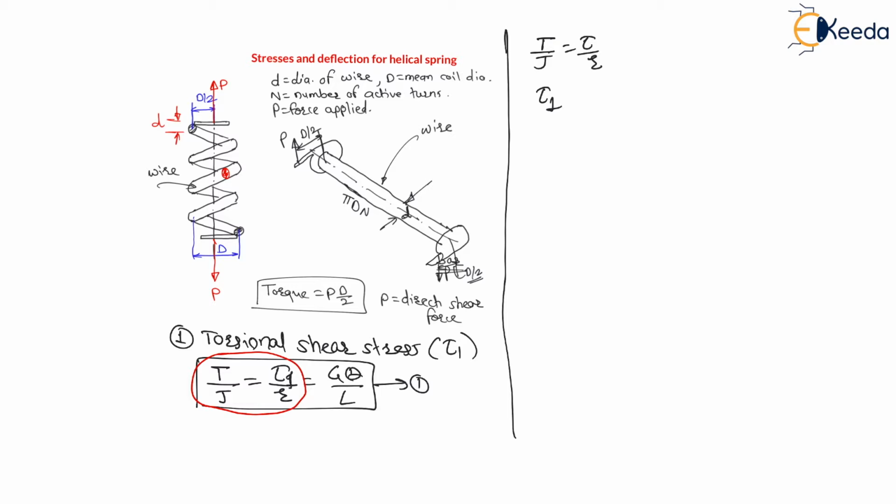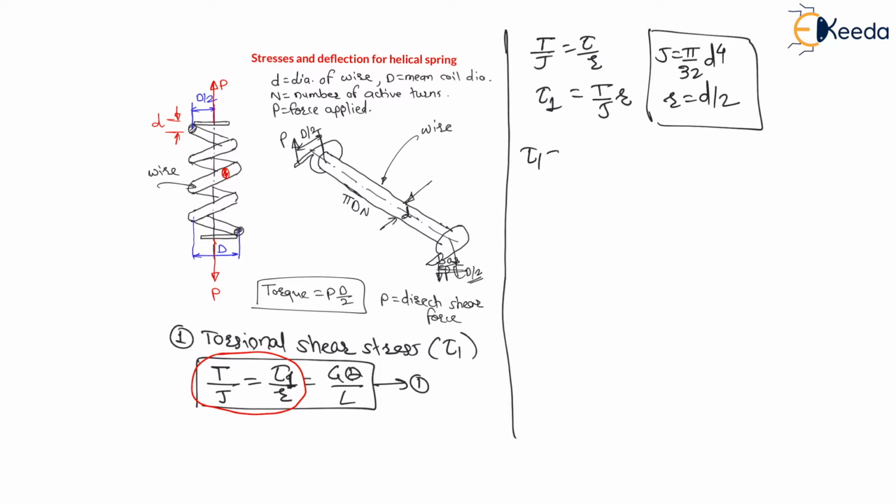Therefore tau 1 is equal to T by J into R. Now this torsional shear stress will be in the wire or rod of diameter d. For this rod, J will be pi by 32 d power 4, and radius will be d by 2.